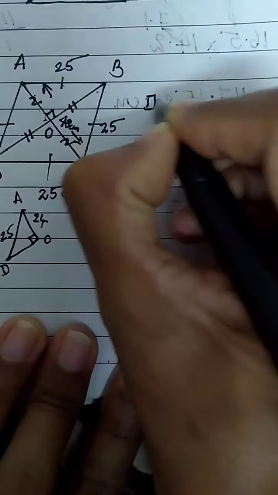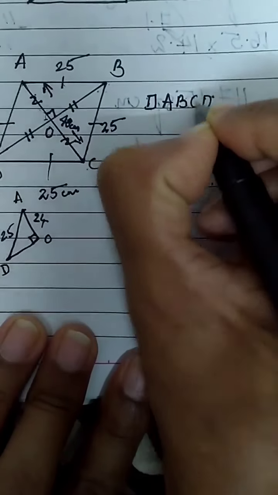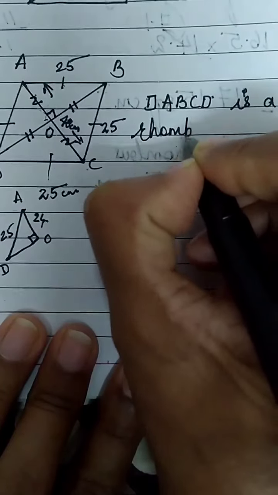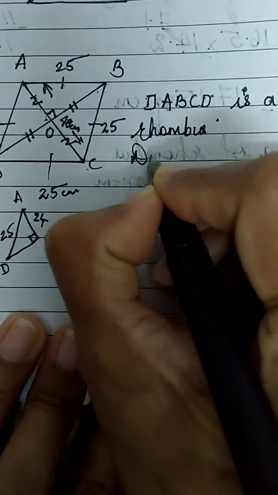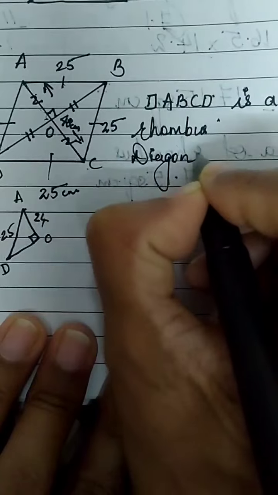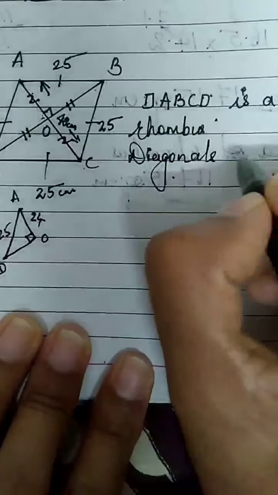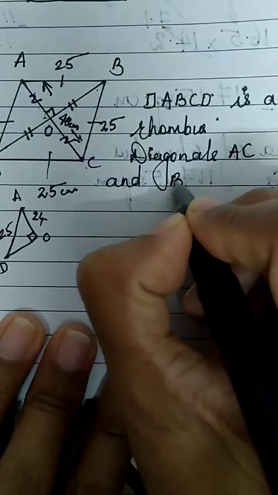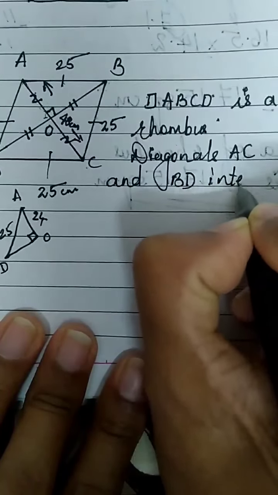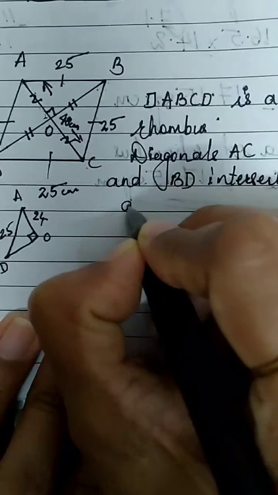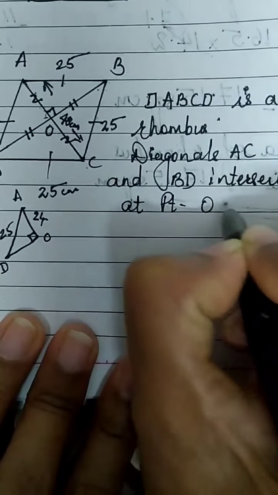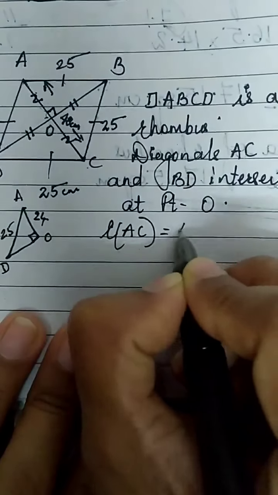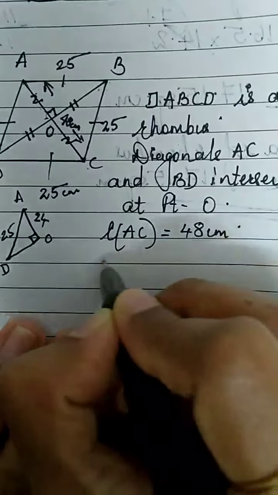Quadrilateral ABCD is a rhombus. Diagonals, what are the names of the diagonals? AC and BD intersect at point O. Length of AC is equal to 48 centimeter.